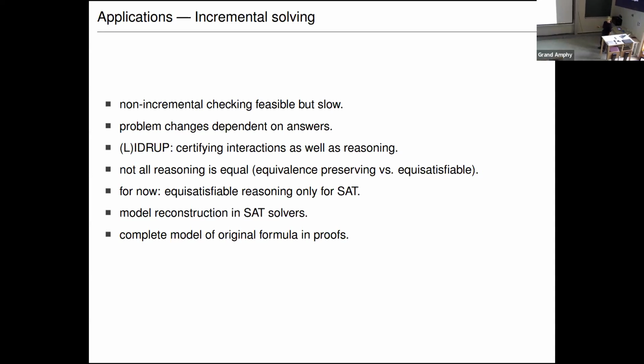So what if you want to do this incrementally and during solving? You need to care about the answers that the solver gives, because your encoding actually depends on answers by the solver. The thing we came up with is this LRUP or ITRUP format, which also certifies interactions. Whenever the solver says, here's a model, the user gets the model and says, okay, I got this model.